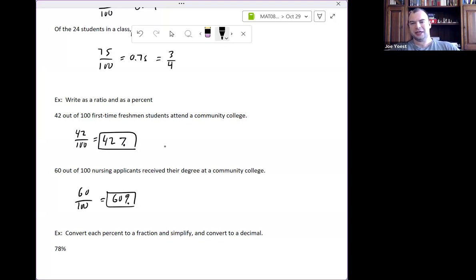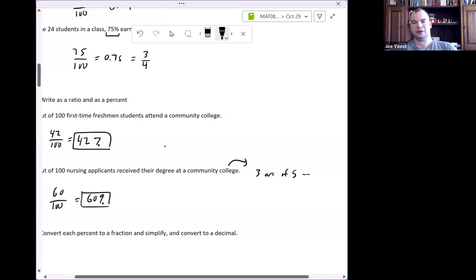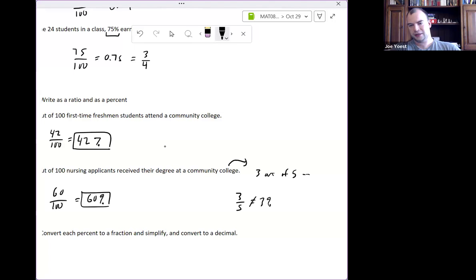Now, as a bit of an aside, I might choose to write something like 3 out of 5 nursing applicants receive the degree at a community college. Well, 3 out of 5 as a ratio is just 3/5. I don't want to say that this is 3%.